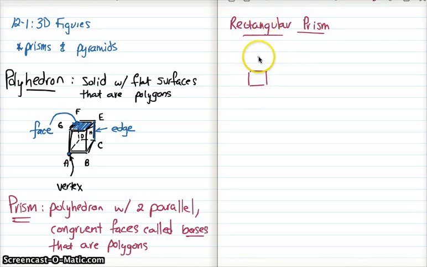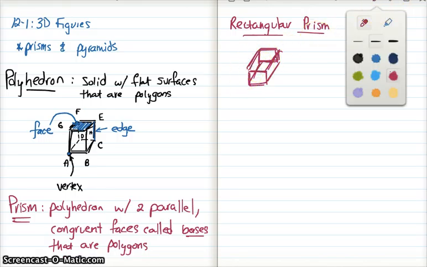So I'm going to draw 2 rectangles that are hopefully pretty much the same. You can just use your imagination and pretend that these are in fact the same. And then we can create our prism by connecting our vertices. And there we have a rectangular prism.